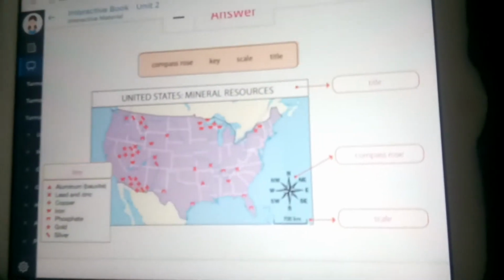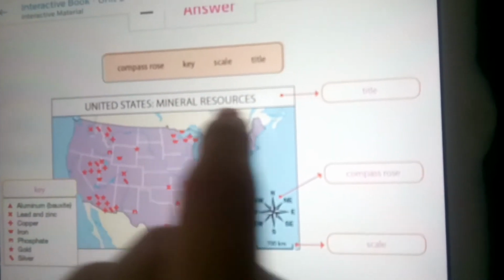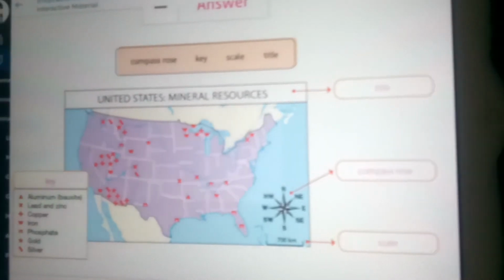So I'll show you the answer right now. Okay, so here are the answers for you. Oh, there we go. So, United States Mineral Resources is the title of the map.